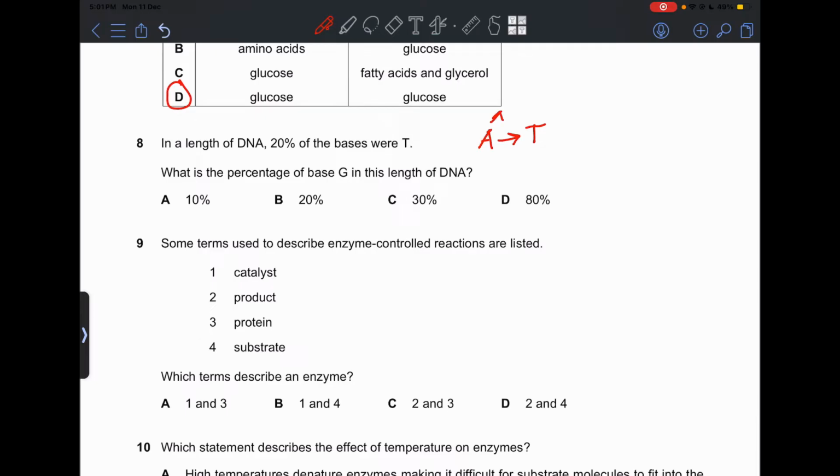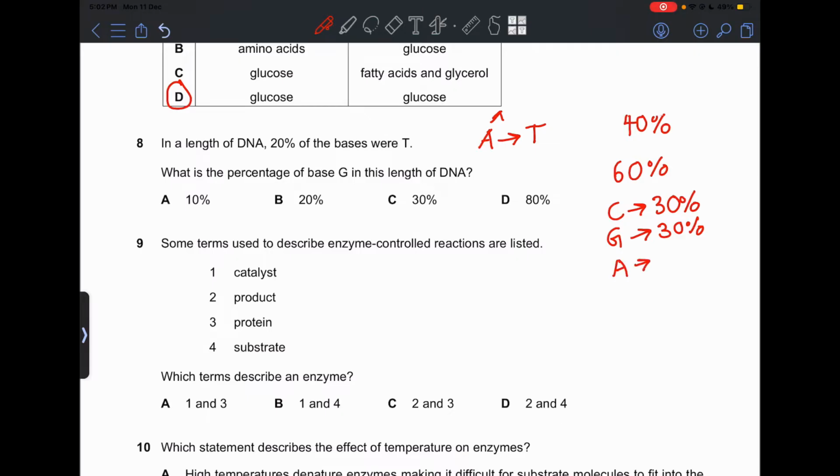So that means we have 40%, so 40% is used up by A and T. This means that we have 60% remaining for both C and G. We're going to divide the 60% by 2, because we have 2 bases, so C is going to be 30%, and G is going to be 30%.